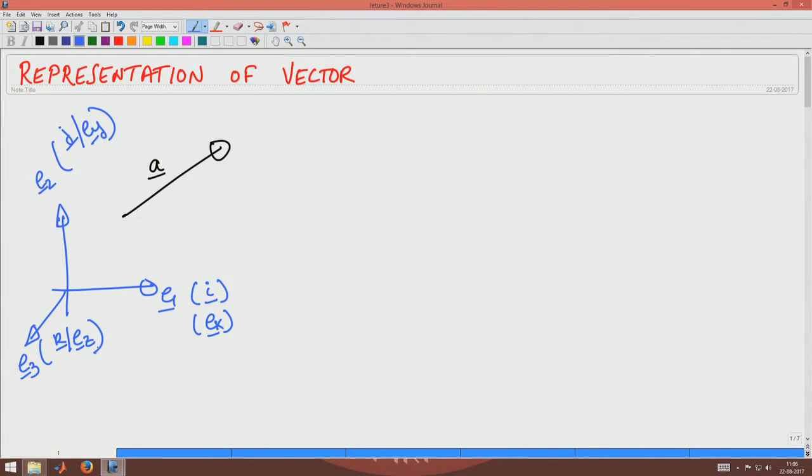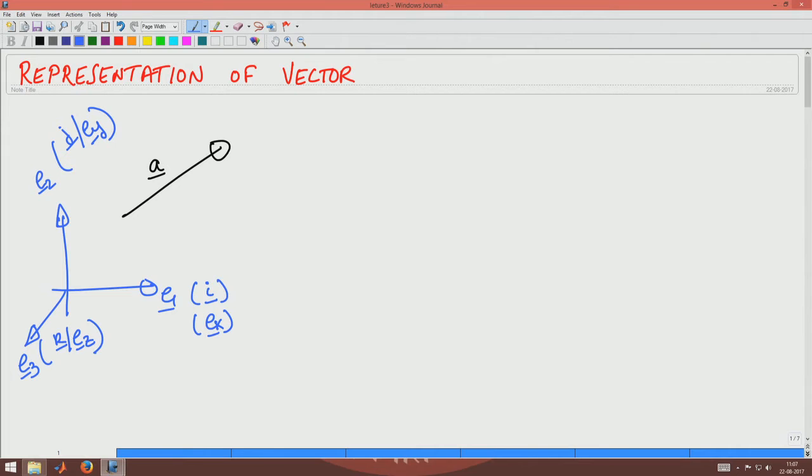Okay. Now, this directed line segment A you want to represent using these E1, E2, E3 as the 3 directed line segments. What does this mean? It is like representing a number, say 99, as 9 into 10 plus 9. Similarly, you want to represent this A using these 3 directed line segments E1, E2, E3.